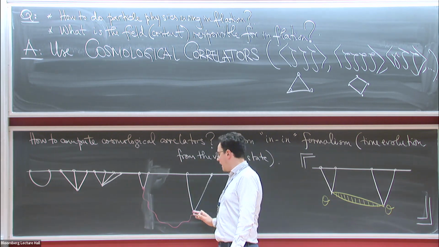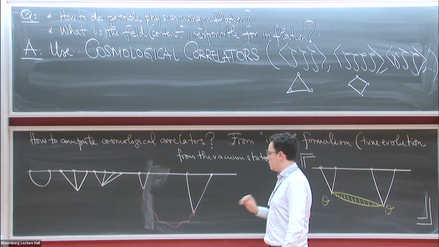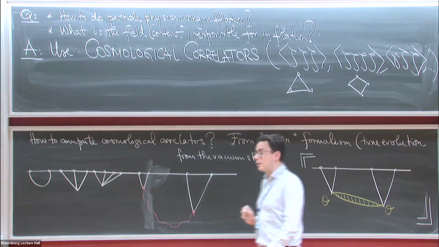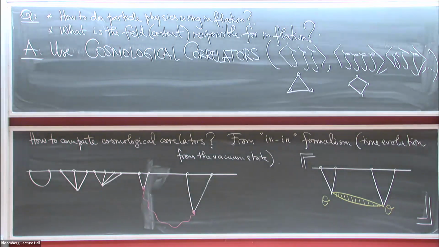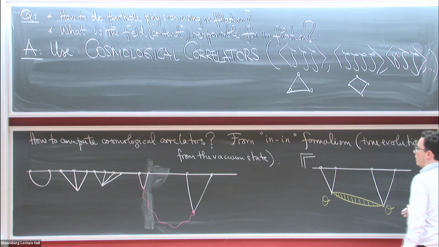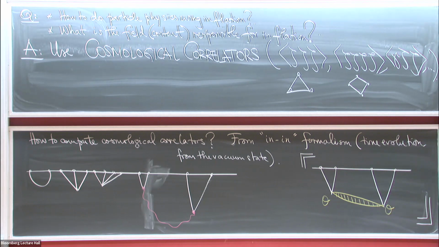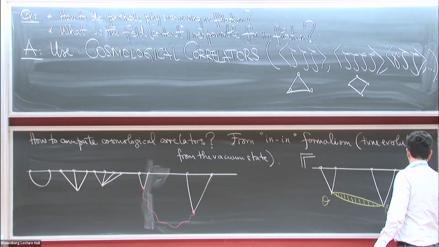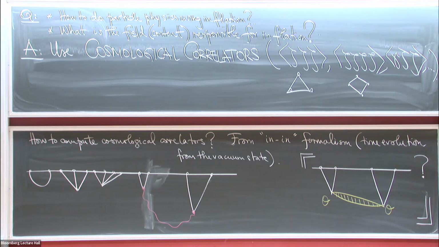You won't be able to capture the templates just from this simple tree-level exchange. So if you have a well-motivated template for what the correlation function would be in your favorite scenario for the physics of inflation, then you could try to constrain it right now, okay?